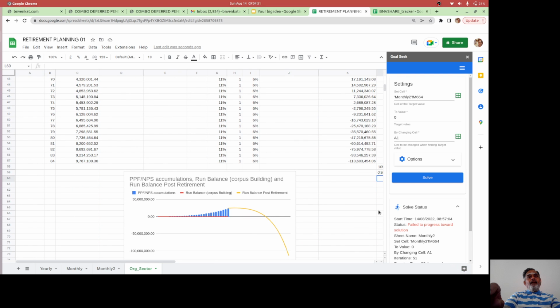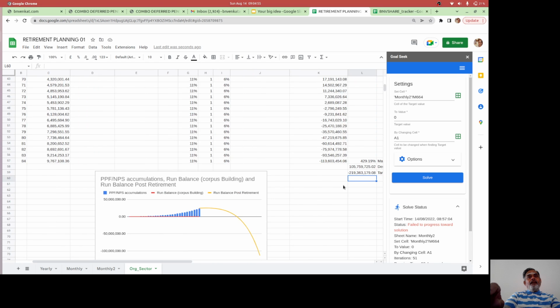Our target field is here. This target field, now it is 21 crore less. We'll make it 0, and let us solve it.